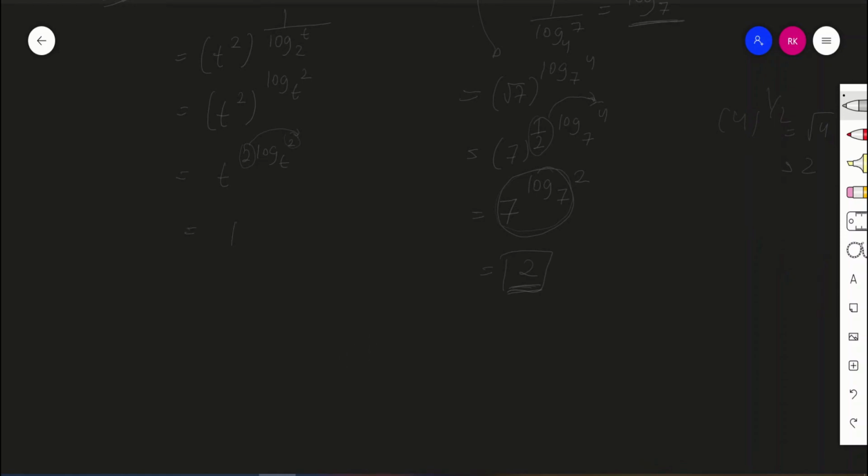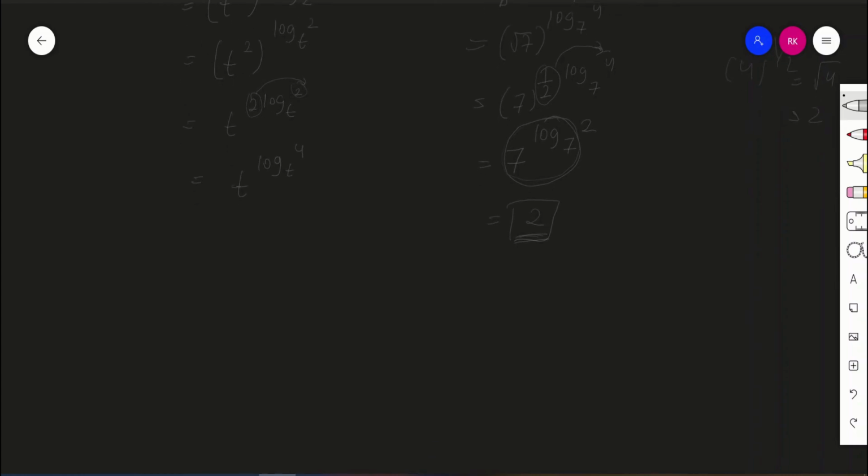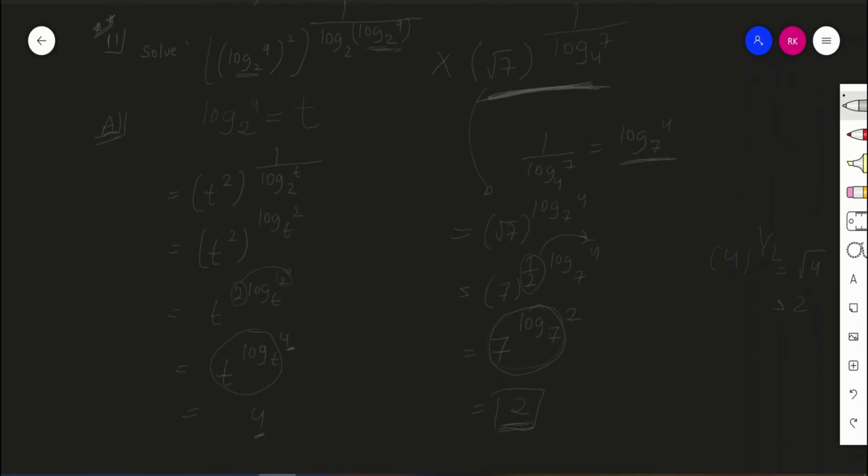So this is going to return me log 4 base t, and again this is going to return me 4. So this part returns me 4 and this part returns me 2, and we have to just multiply them. So our answer is 8.